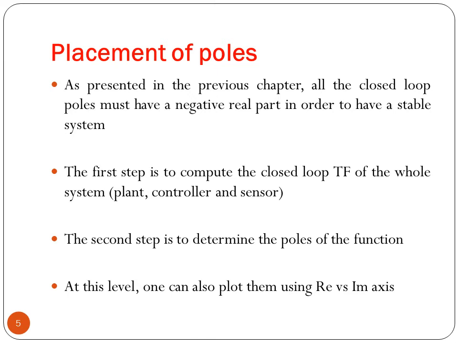As presented in the previous chapter, in the time domain analysis chapter, all the closed loop poles must have a negative real part in order to have a stable system. The first step is to compute the closed loop transfer function of the whole system, as we have presented earlier. The second step is to determine the poles of the closed loop function. At this level, one can also plot the real versus the imaginary axis. In fact, we have two methods to show if the system is stable or not.